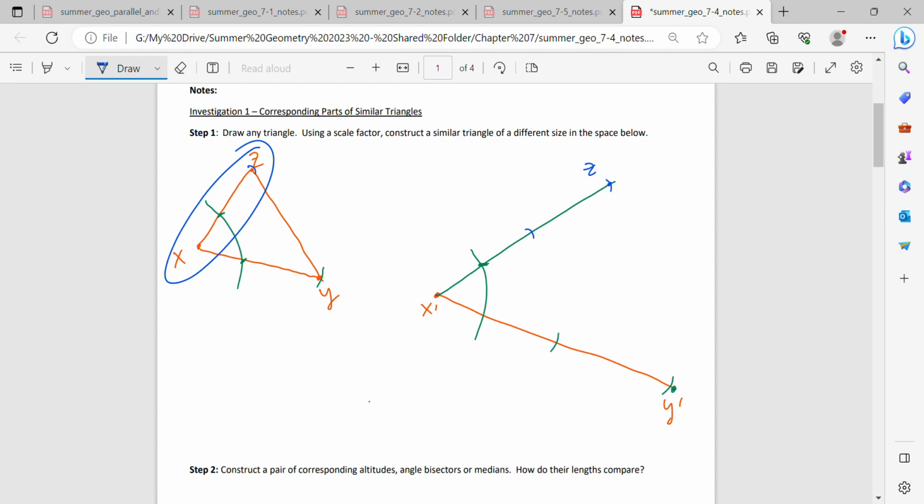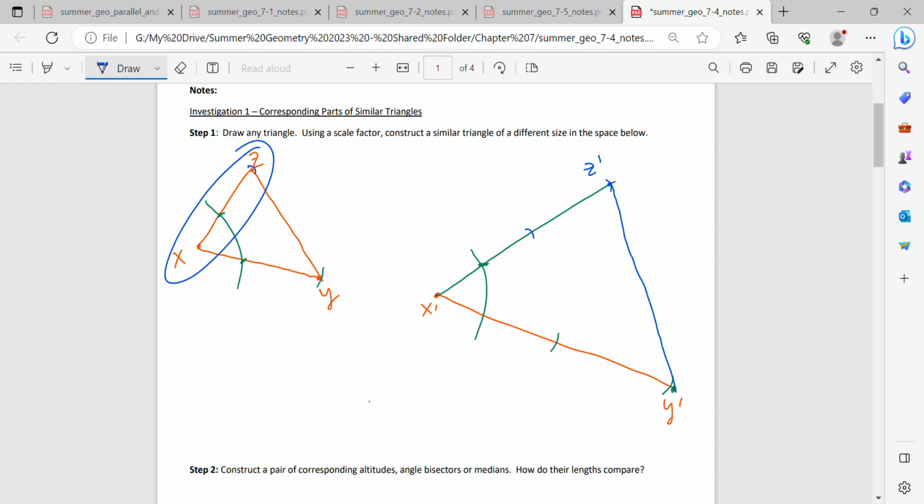I'm going to set this point as Z prime. And then I can connect point Z prime to point Y prime. I'm doing this, of course, without an actual compass, so mine might not look similar, but yours should.